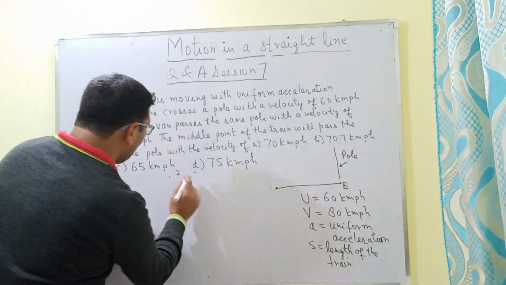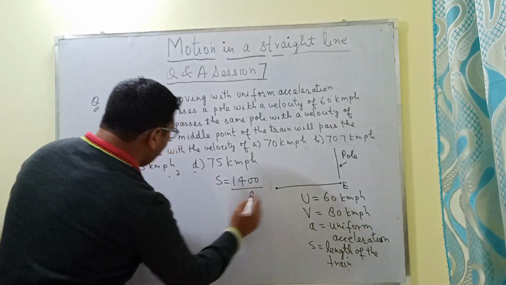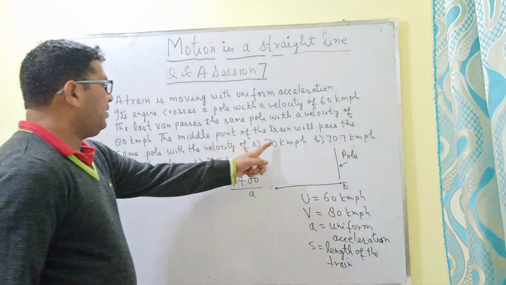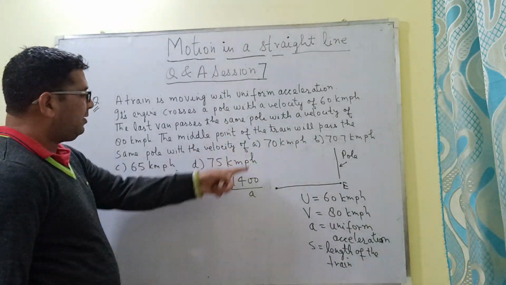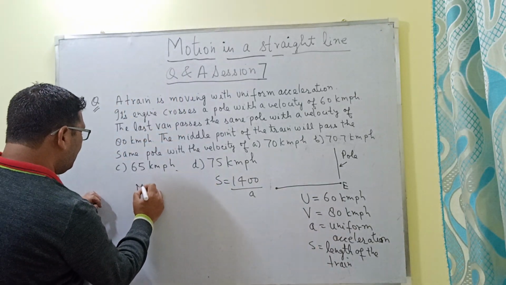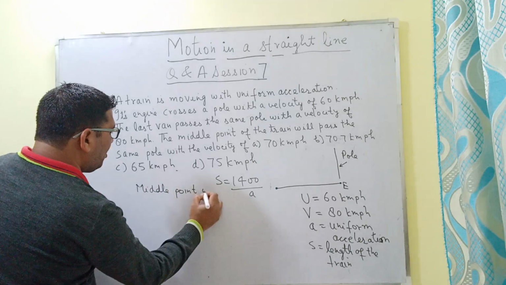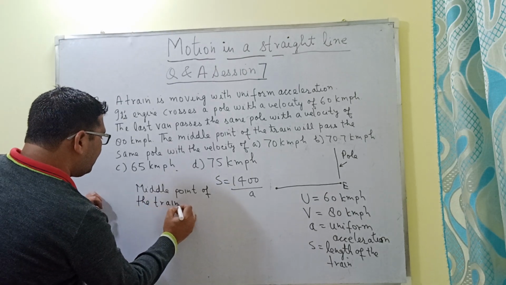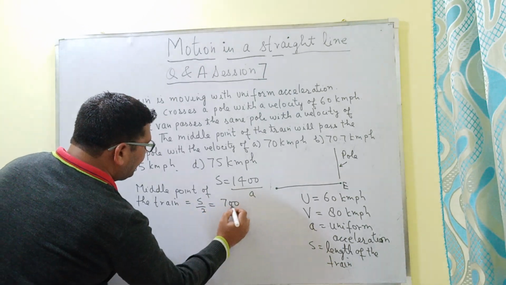These are the 4 options here. So the middle point of the train will be equal to S by 2, which is equal to 700 by a.